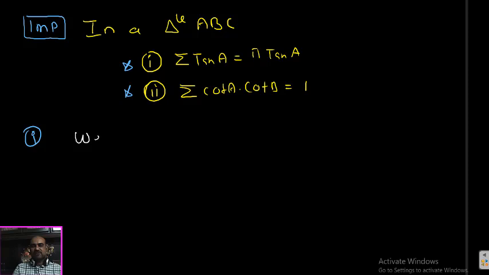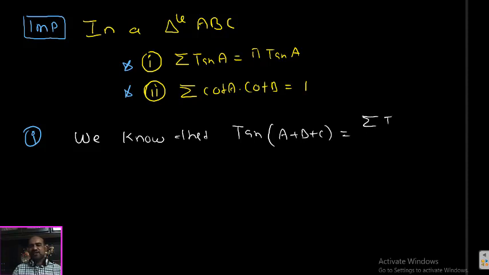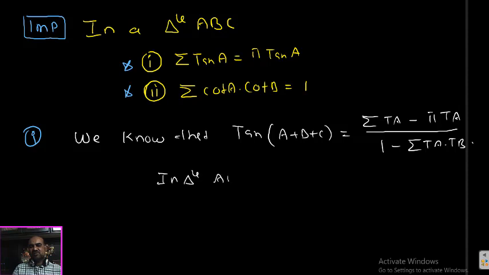We know that tan of A plus B plus C equal to sigma tan A minus pi tan A by 1 minus sigma tan A into tan B. Okay. In triangle ABC, what is A plus B plus C?